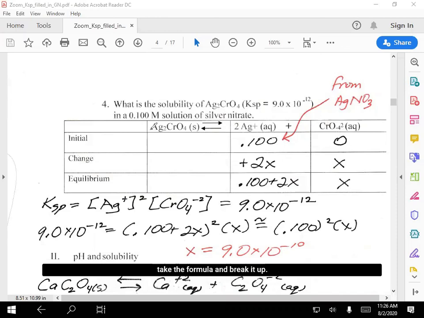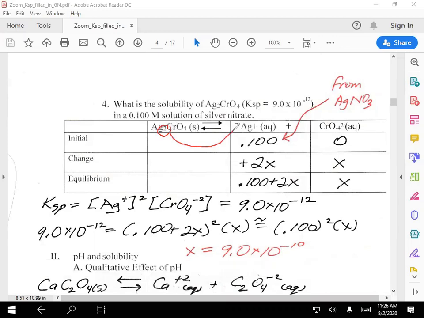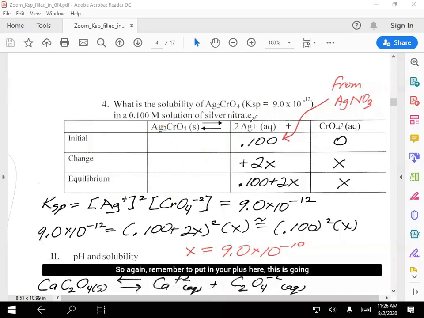When we take the formula and break it up, we will have to remember that there's a 2 here in the formula, and so that gives us the 2 for the silver. So again, remember to put in your plus here. That minus should be up here with the 2. So now that we have the balanced equation, we can use it.